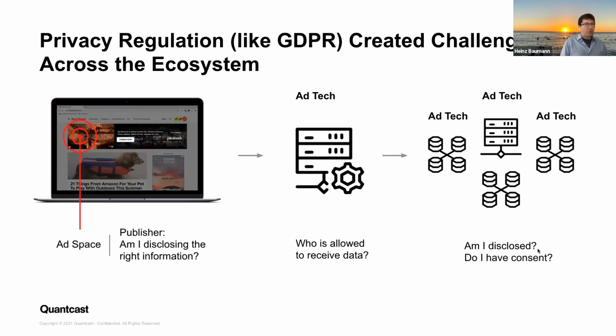What do I need to do? Then the ad tech person needs to know who is allowed to receive the data. And then further downstream, all the other vendors, like the vendor that may fulfill the creative, ask: am I disclosed? Does the user know that I'm in this game? Did I get consent from the user? That's the big-picture ecosystem and how this is going to work.